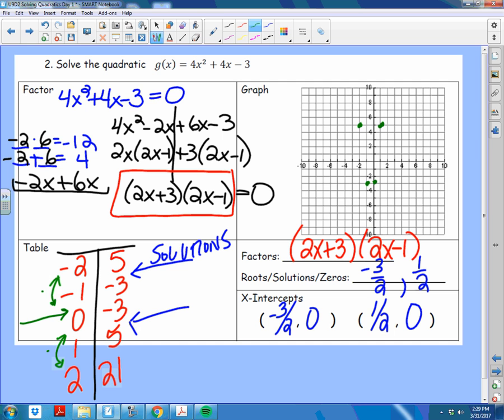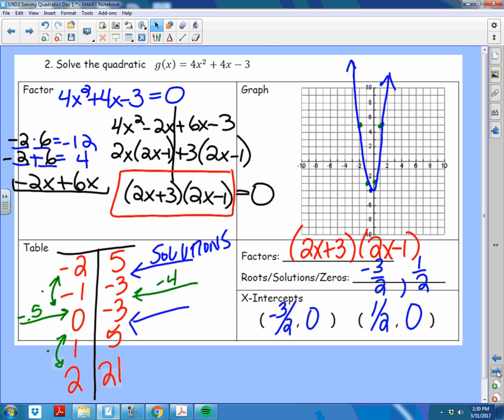So the vertex is at negative 0.5 something, right? So again, I go to second window, I type in negative 0.5, I go back to my table, and it's at negative 0.5, negative 4. So that means my vertex is right there. Now I can graph. And there you go.